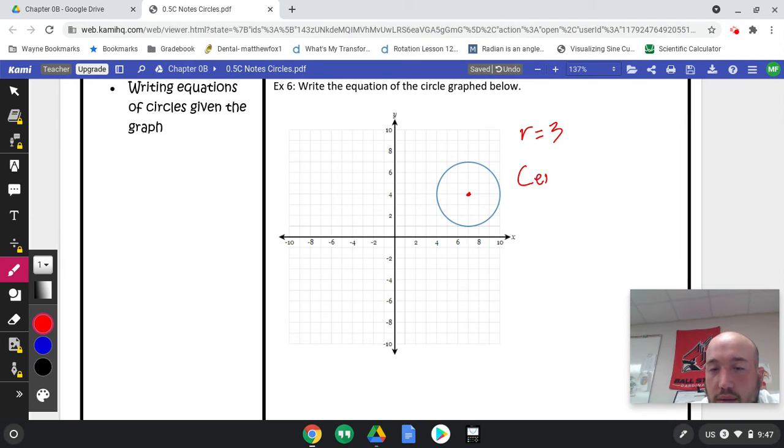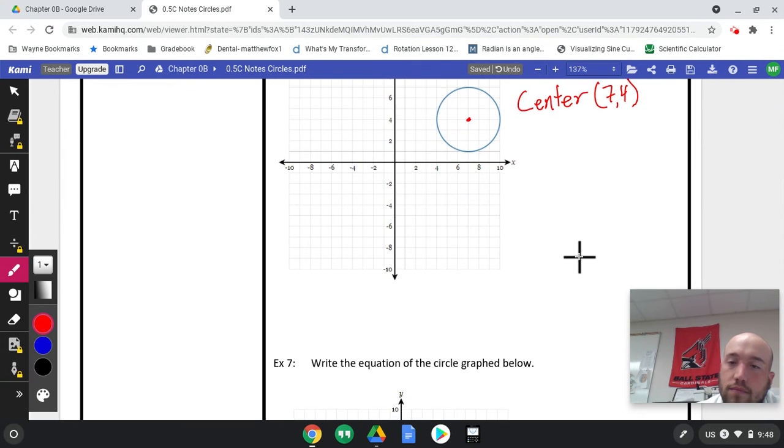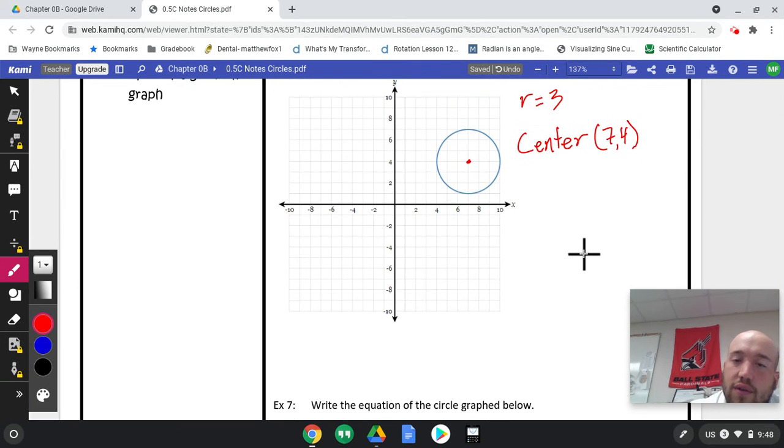The center, that point, is at 7, 4. Now all we have to do is (x minus 7) squared plus (y minus 4) squared equals the radius squared, which is 3 squared, which is 9.